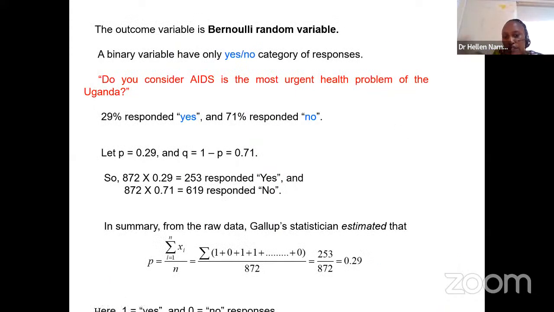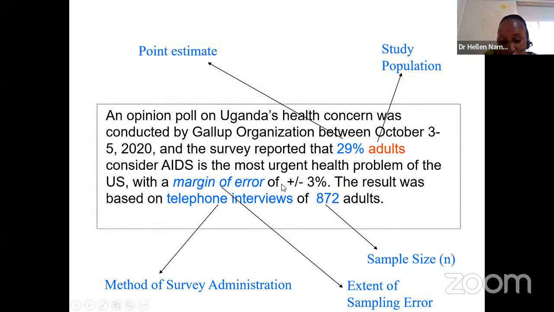Since it's binary, the other fraction would be no. If you think about the Bernoulli distribution, we've got the probability of success, which in this case is 0.29, and then the failure is 0.71. We can still get the total number of respondents that said yes, and those that said no, by multiplying them with the sample size that was given to us as 872.